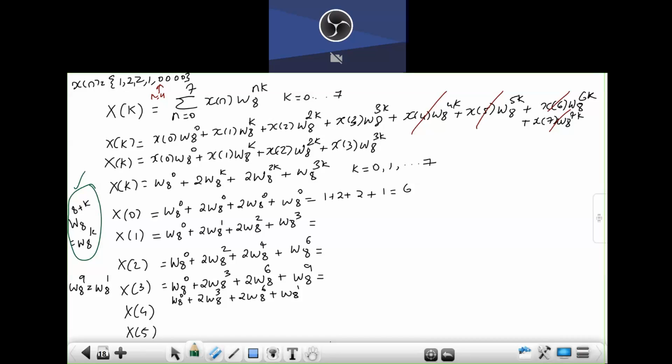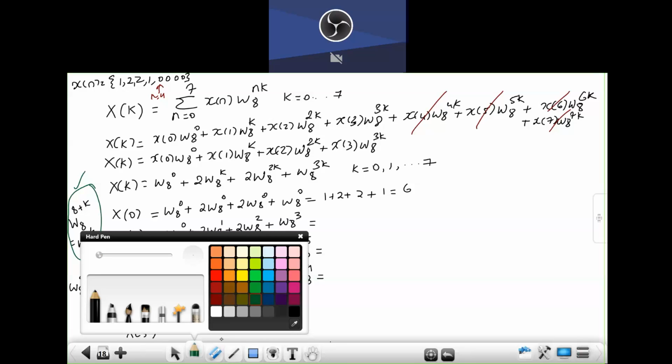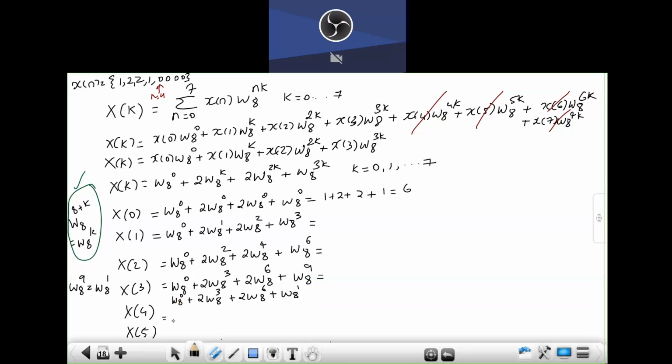So solve this. I will directly write this for each of these. X of 4 is again W8 power 0 plus 2 W8 power 4 plus 2 W8 power 4 into 2, that is 8.